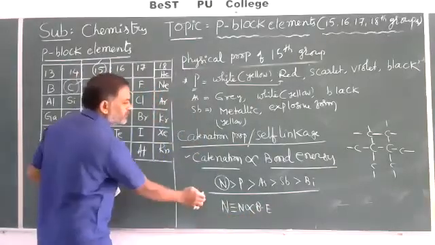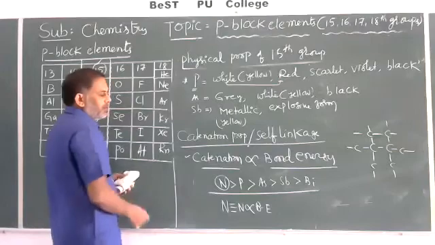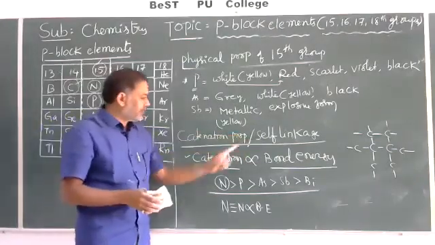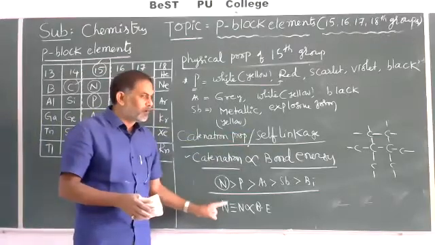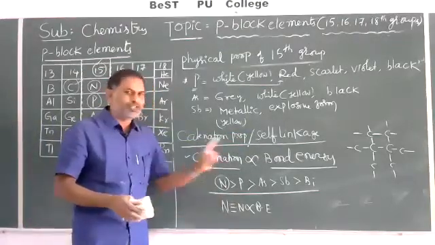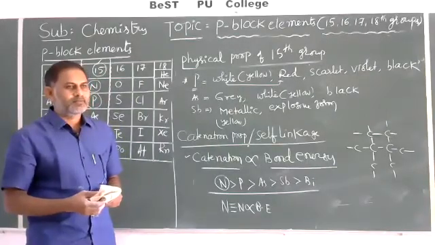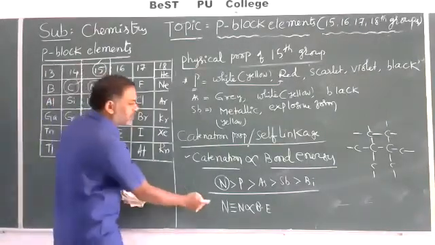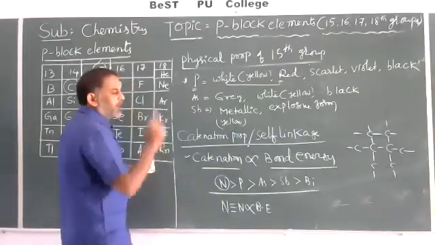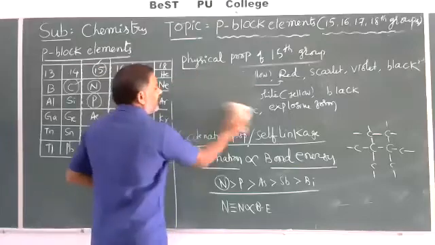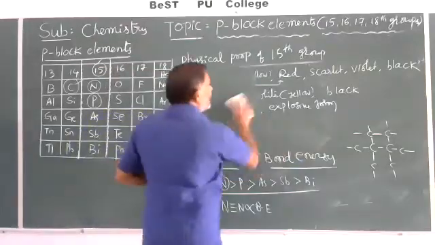Very important concept here. Catenation property is directly proportional to bond energy. Nitrogen triple bond energy is more, that's why catenation property is more. Clear? Based on these bond energies, we can expect one important PUC question.